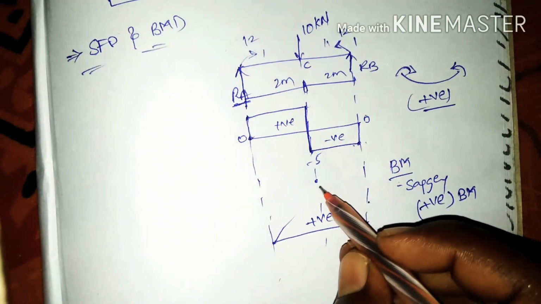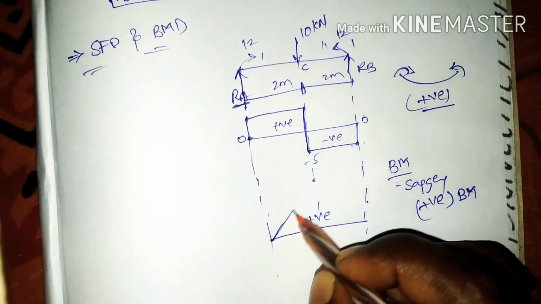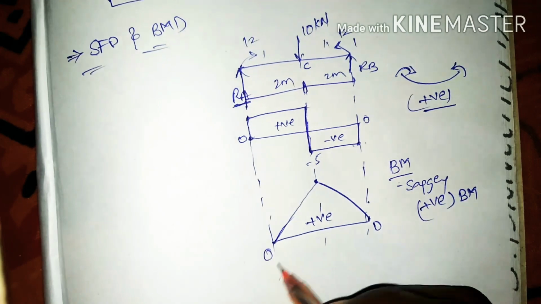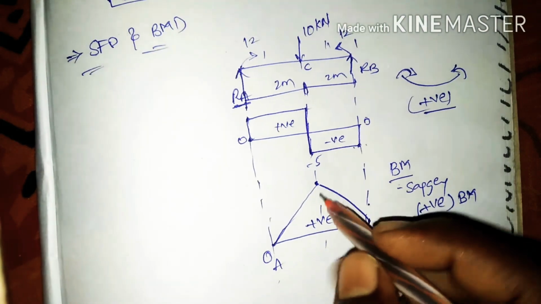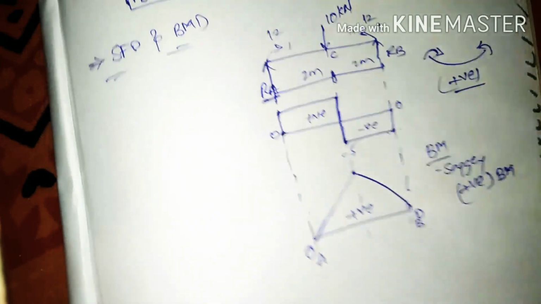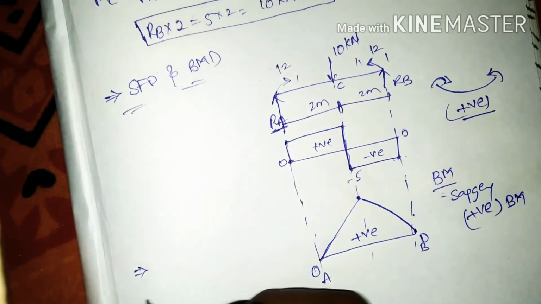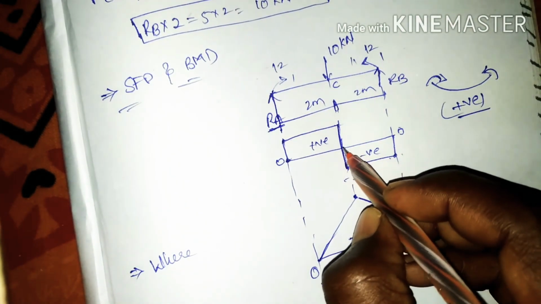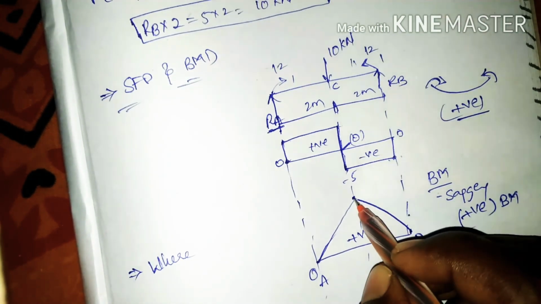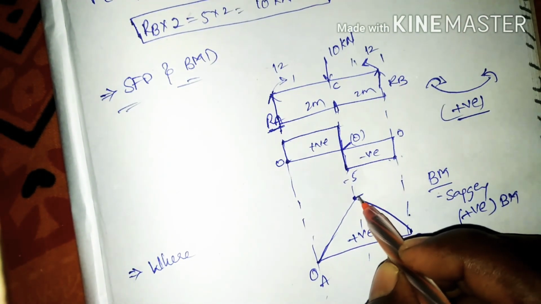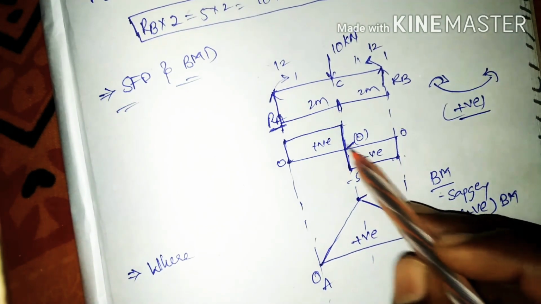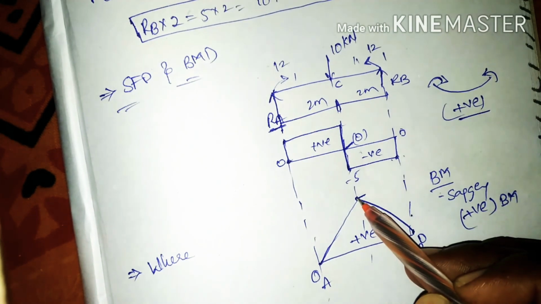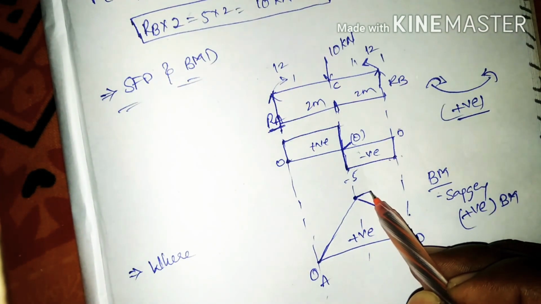Here we have the moment about C as 10 kilonewton-meters. The moment about A and the moment about B are 0. Here we are going to discuss one definition: where the shear force is 0, the maximum bending moment occurs there. Where the sign changes, or the point where the shear force is 0, the maximum bending moment occurs at that point.